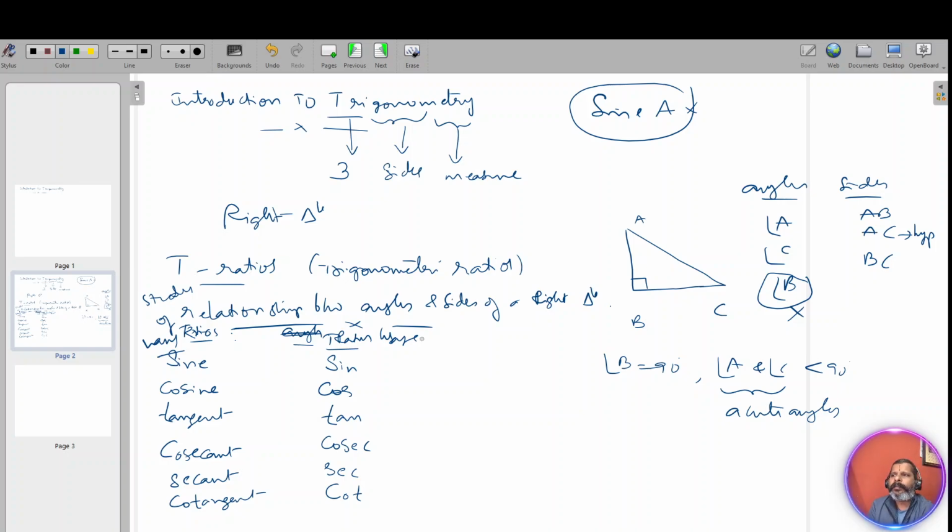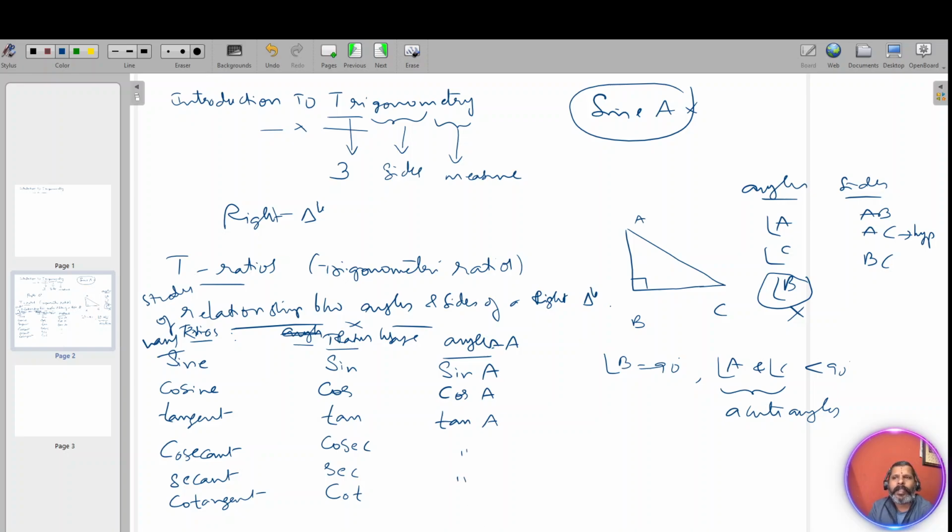Coming back to the angle study with A and C, these ratios, when studied with angle A, become sin A, cos A, tan A, like that.